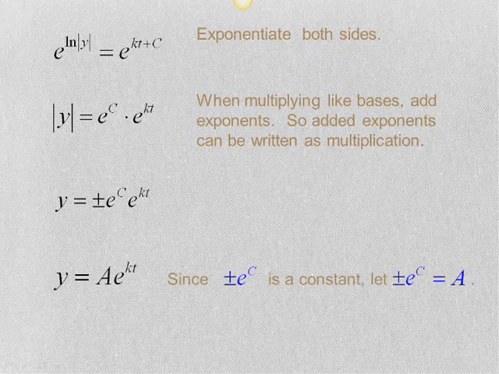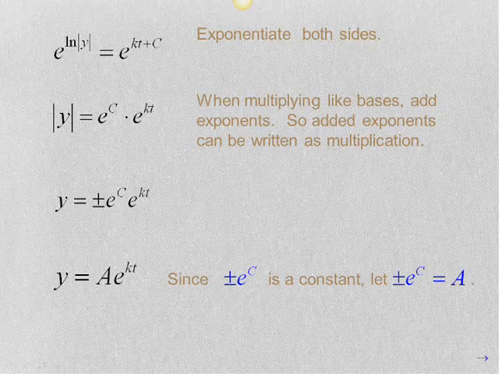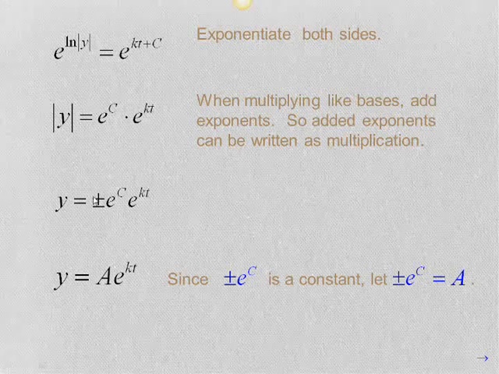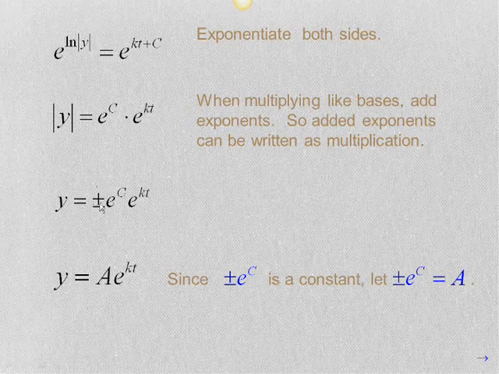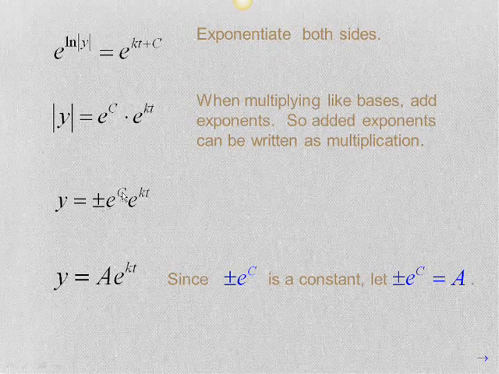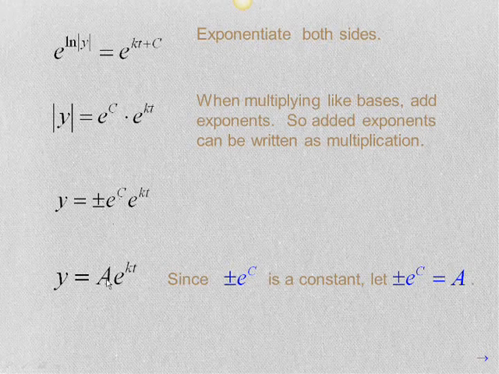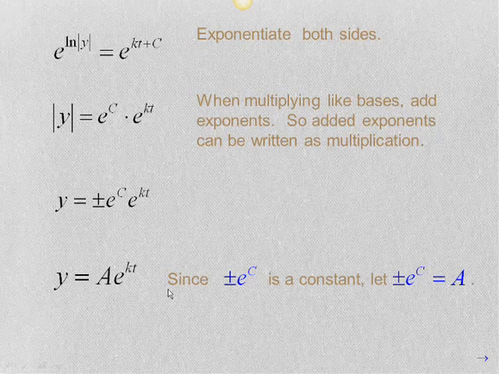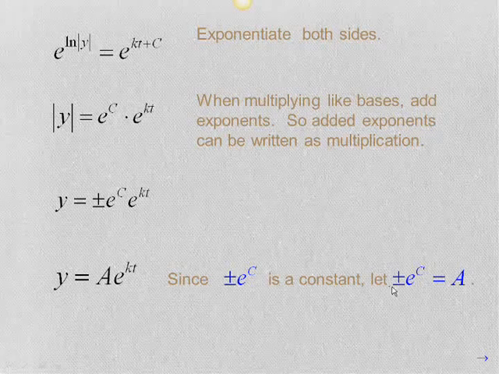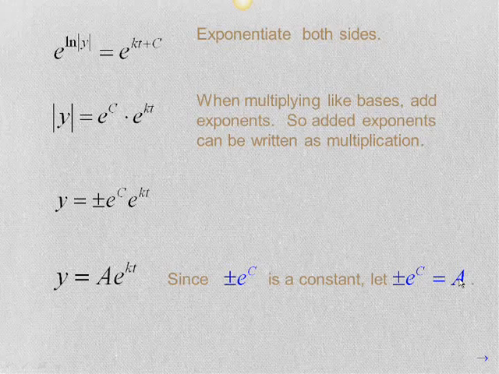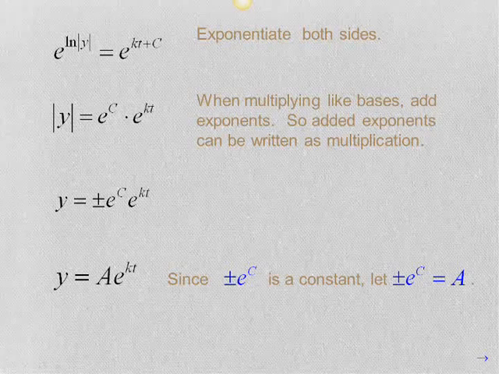Now, the reason we have changed the plus or minus e to the c out for an a is because that is going to be my constant. If you think about it, plus or minus e to the c is the constant value a. It's just going to be a number. So since we say it's a constant, we're just going to set plus or minus e to the c equal to a, which refers to the amount that I have at the very, very beginning.